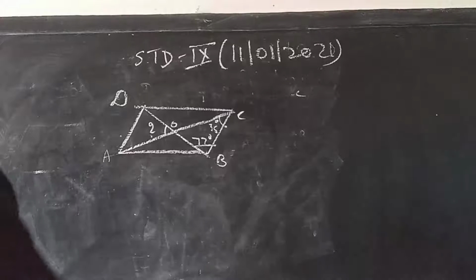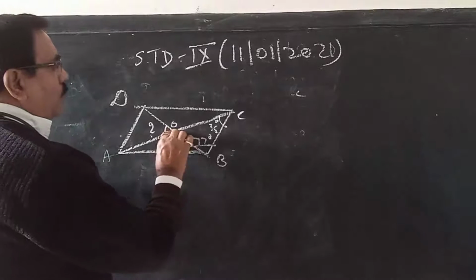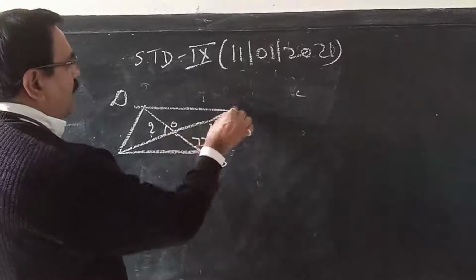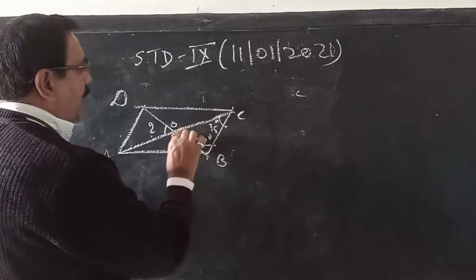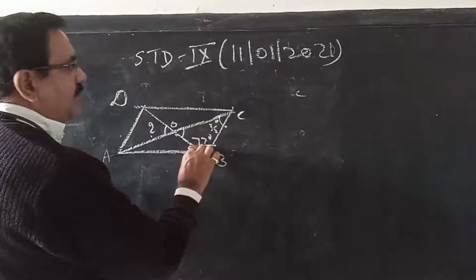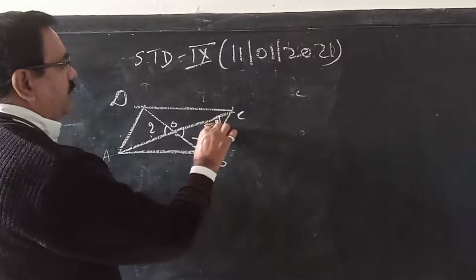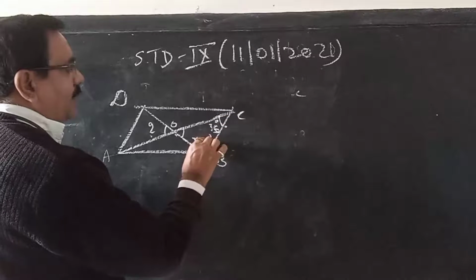When we see this triangle OCB, out of three angles, two angle values are given. One is 35 degrees, the other is 77 degrees.